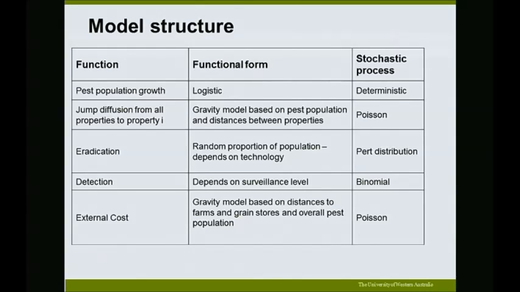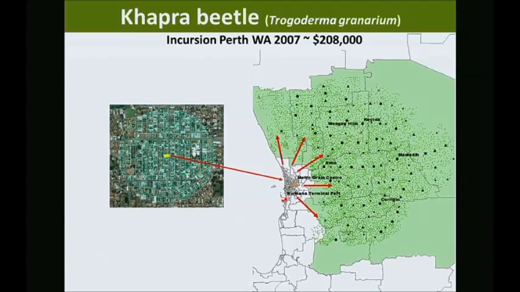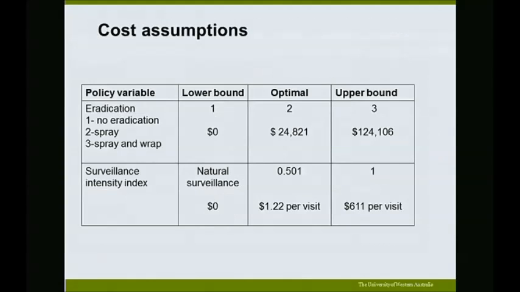And then there's an external cost, which is another one of these jump processes where instead of jumping between properties, we're looking at the slight probability of this larger jump from Scarborough into the grain supply network, which is the thing we're really worried about.